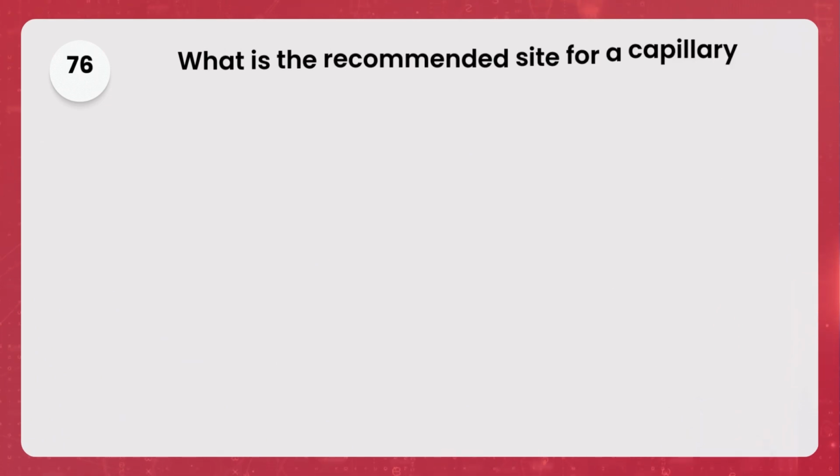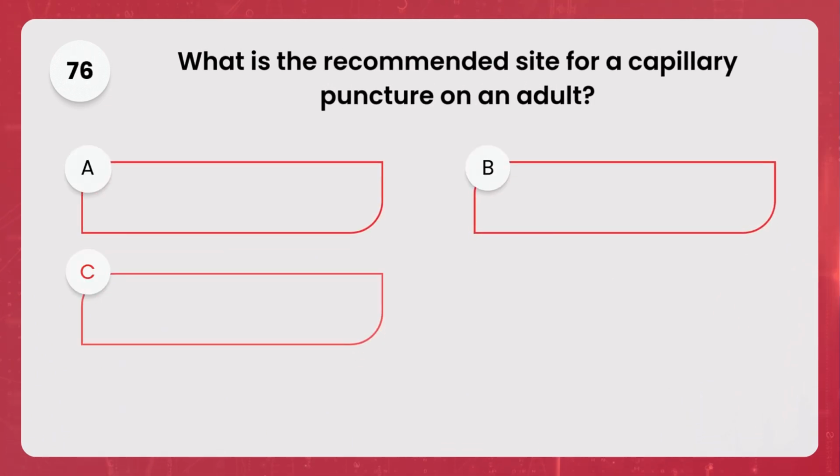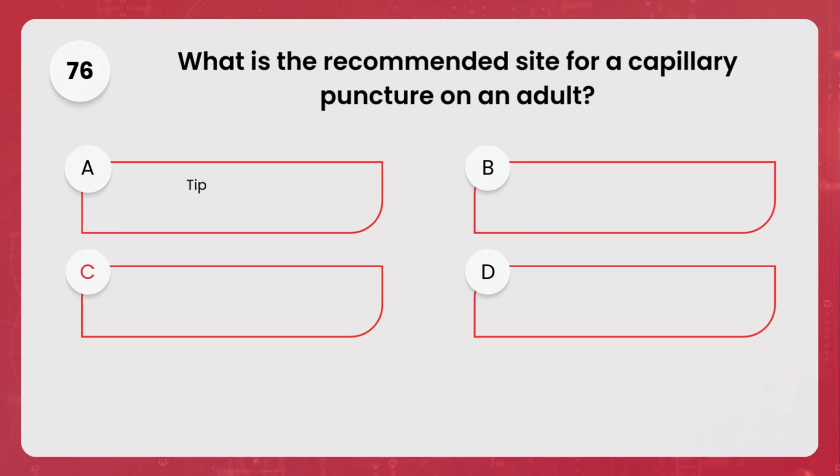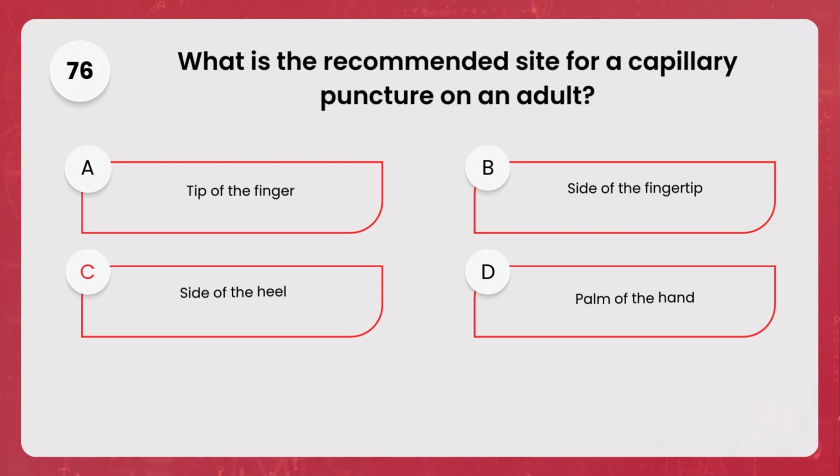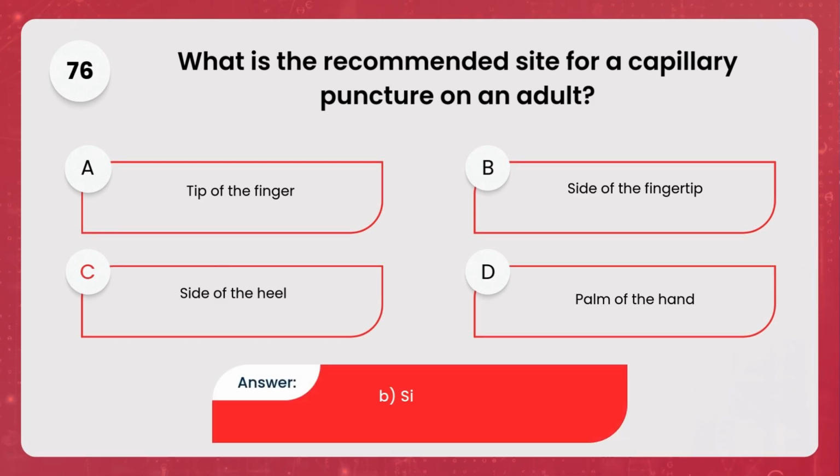Number 76. What is the recommended site for a capillary puncture on an adult? A, tip of the finger, B, side of the fingertip, C, side of the heel, or D, palm of the hand? The answer is B, side of the fingertip.